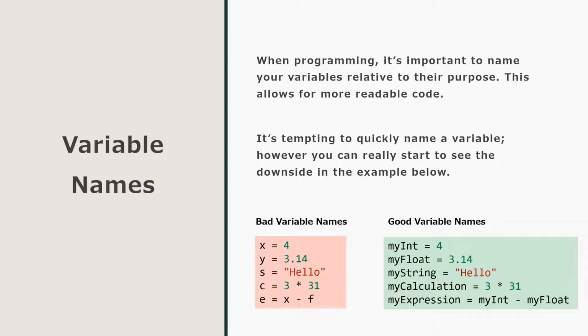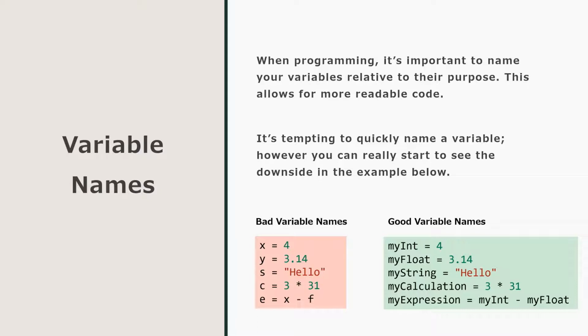So the variable for radius could be r because that is universally known to mean radius, or you could just name it radius and that would be equally as good. Bad variable names are when you use letters with no meaning behind them and you can't decipher what that variable means just by looking at the name. For example, look down there. We have E equals X minus F. I have no idea what any of these letters mean or what they could mean.